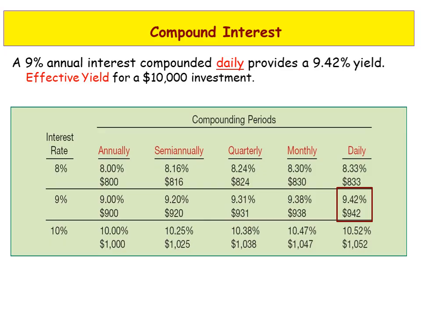This is the effective yield. We can calculate the effective yield and get around 9.42, the place that is circled. You can get it by using the formula. This is the effective yield.